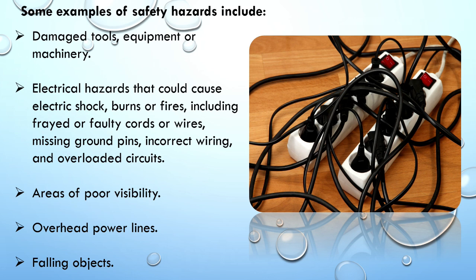Burns or fires, including frayed or faulty cord or wires, missing ground pins, incorrect wiring, and overloaded circuit as shown in that picture. Areas of poor visibility, overhead power lines, and a falling object.